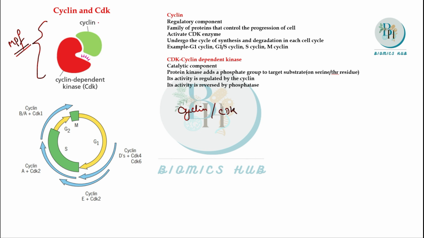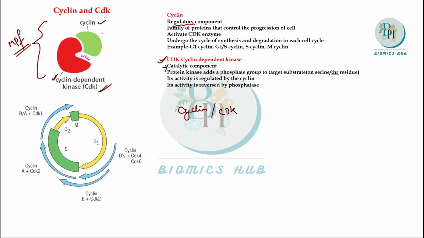So there are two things, the cyclins and the CDK. The cyclin is a regulatory component, and the CDK is a catalytic component. So what is this CDK? It is cyclin dependent kinase. That means it is a kinase, it is phosphorylating something and it depends upon the cyclins.